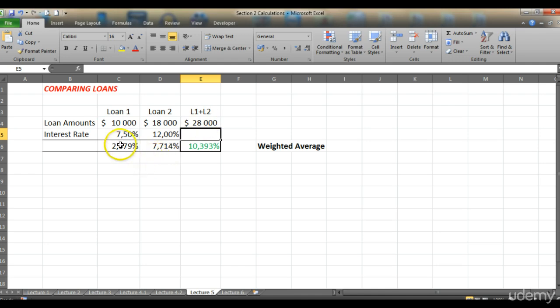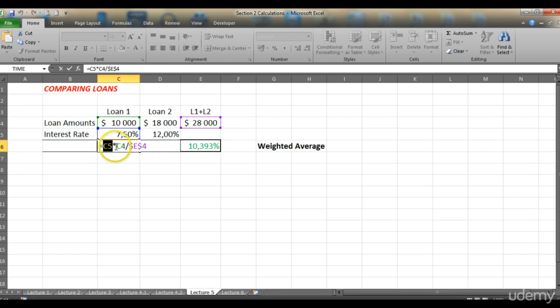And the weighted average for the first loan is the interest rate of loan 1 multiplied by the loan amount of loan 1 and the total amount of the two loans.